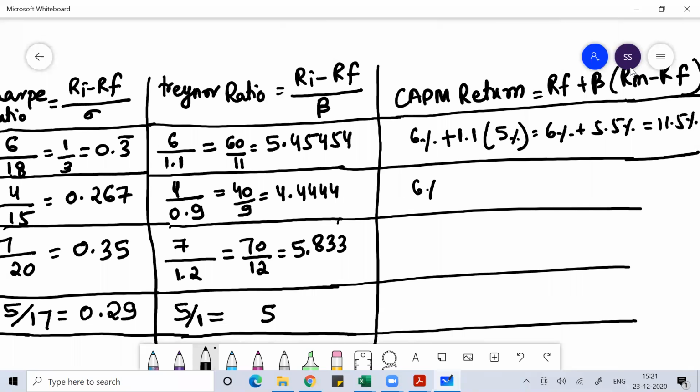Then 6 plus 0.9 into 5, then it is 6 plus 4.5, which is 10.5.